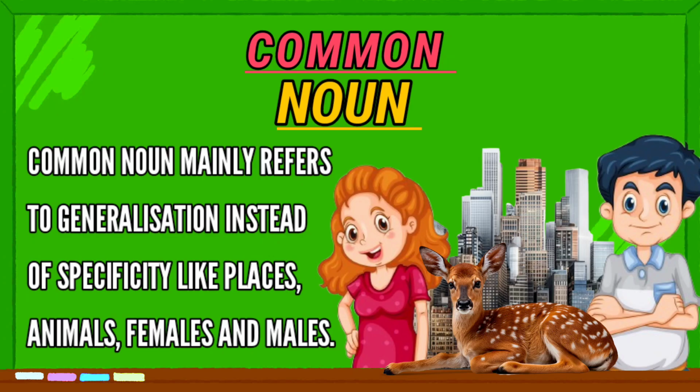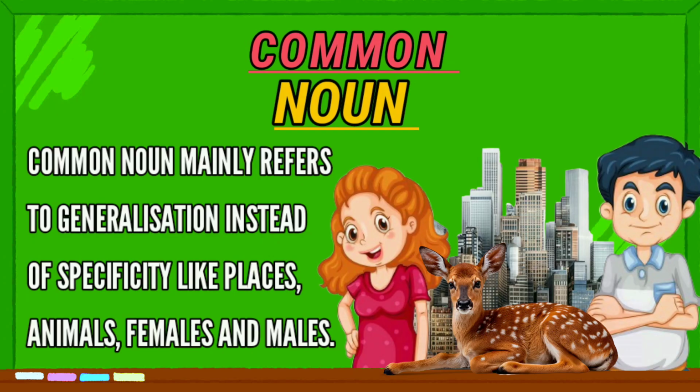Proper nouns specify the existence of the object through their proper name, but in common noun, they don't do any specificity. Rather, they do generalization by making their common name, like place, but it's not specific which place. The animal, but it's not specific which animal, tiger or lion. Male, but it's not specific which male, because we don't know the proper name of this person. That's why we call it common noun.